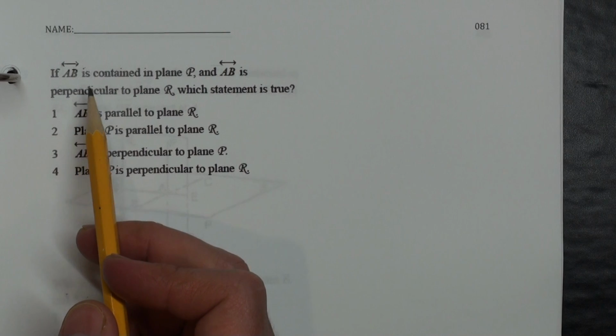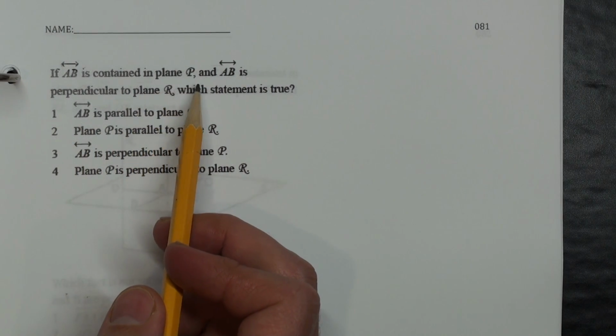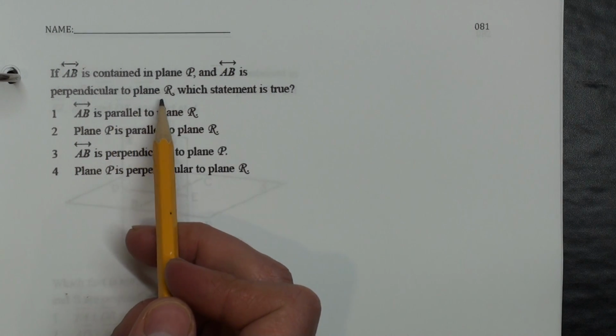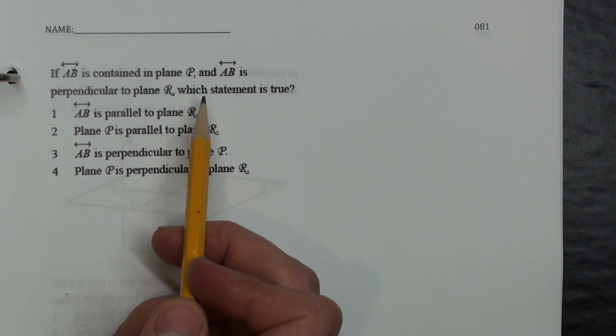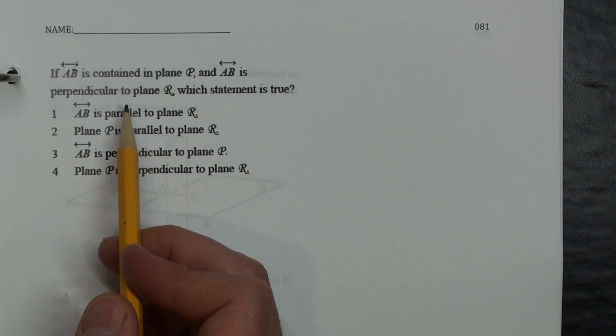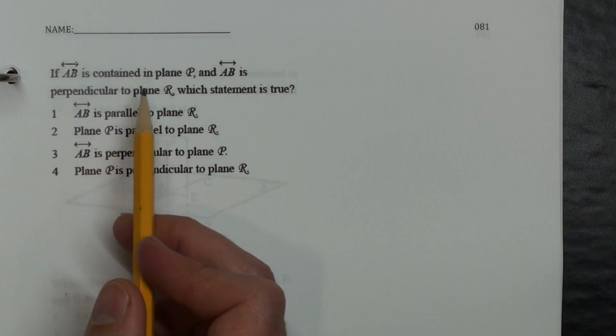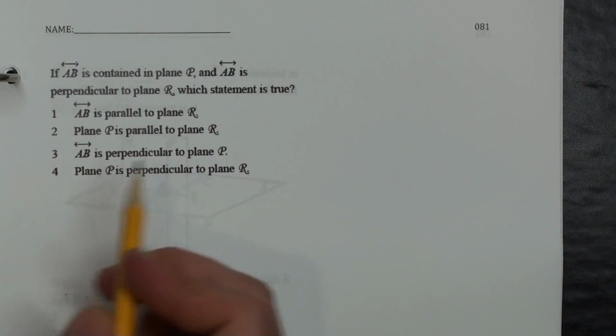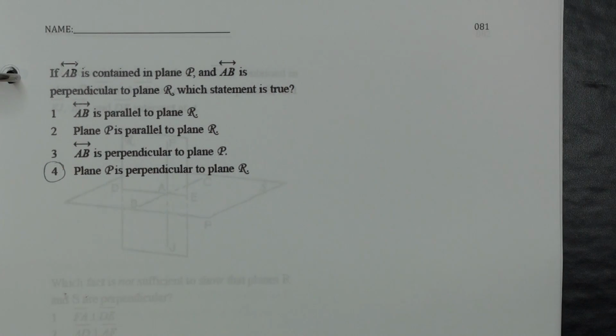If line AB is contained in plane P and line AB is perpendicular to plane R, which statement is true? Then we know that plane P must be perpendicular to plane R. So let's see what card that is.